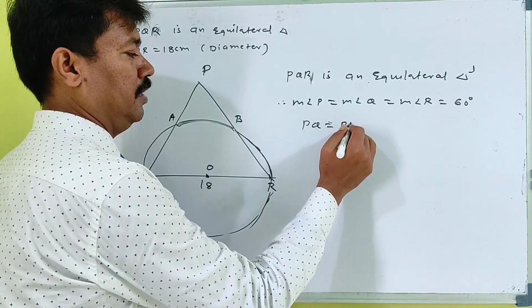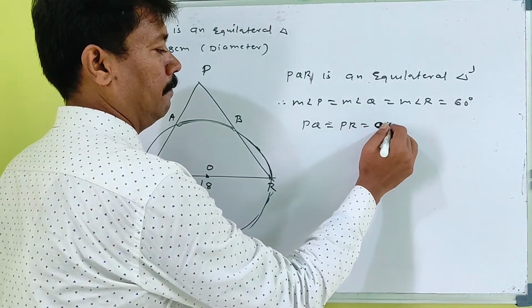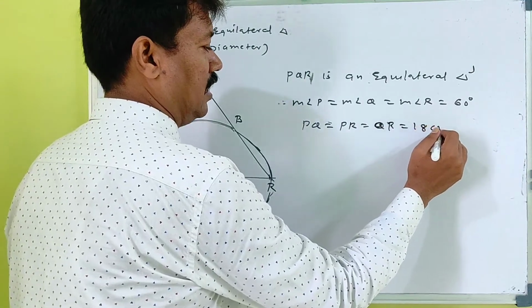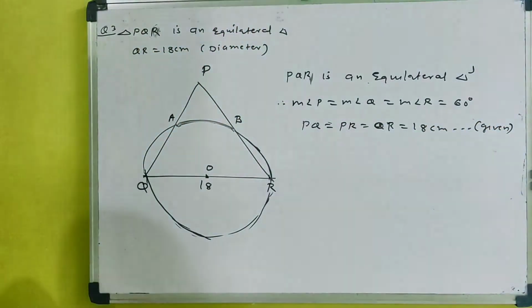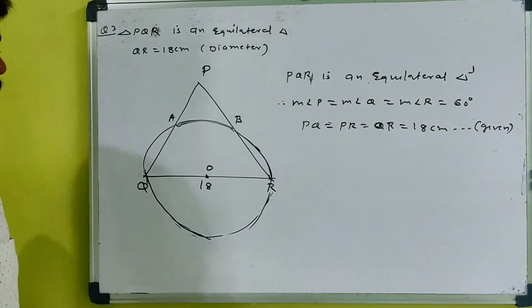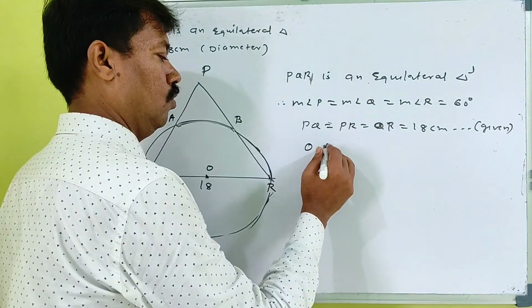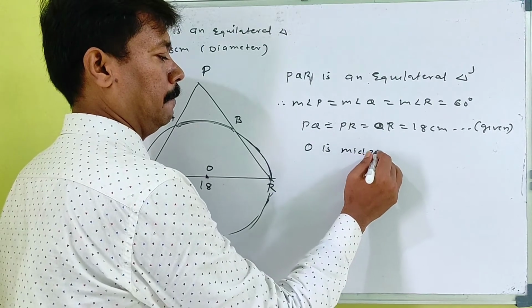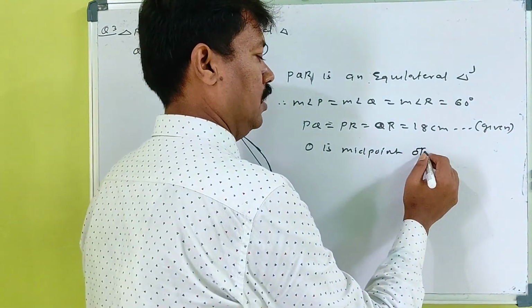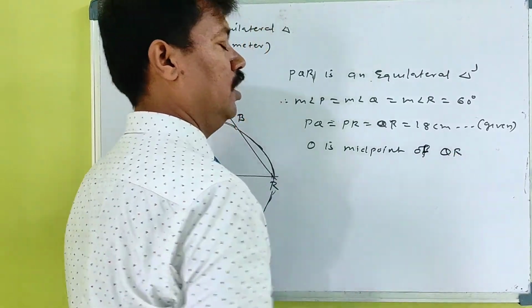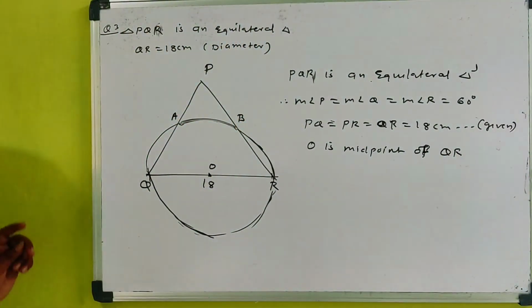PQ is equal to PR is equal to QR is equal to 18 centimeter. Now this is given to you. Now we assume that O is the midpoint of QR.